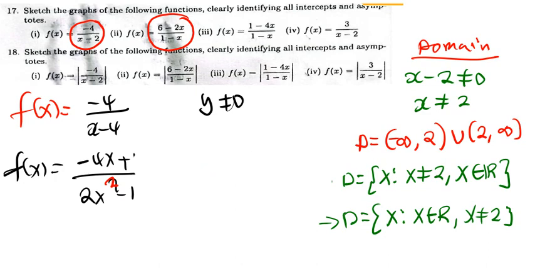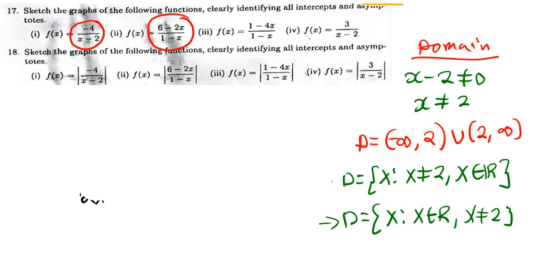Okay? Then let's look at part 2, which is f of x is equal to 6 minus 2x divided by 1 minus x. The power of x on the numerator is equal to the power of x on the denominator. So this function is not top heavy, it's not bottom heavy. The powers of x on top are the same as the powers of x on the bottom.